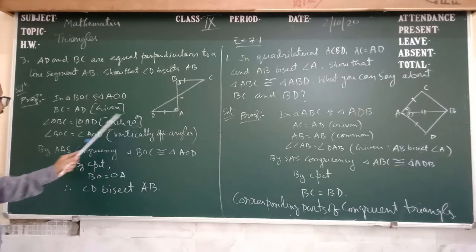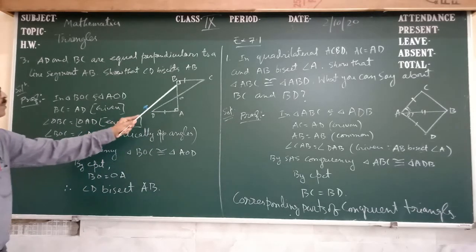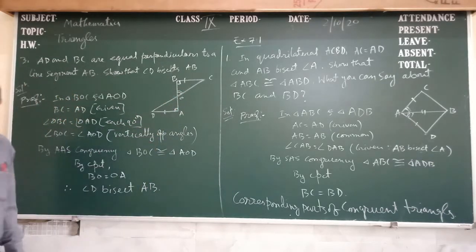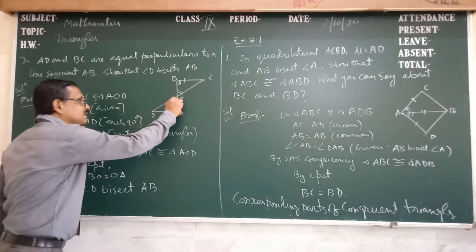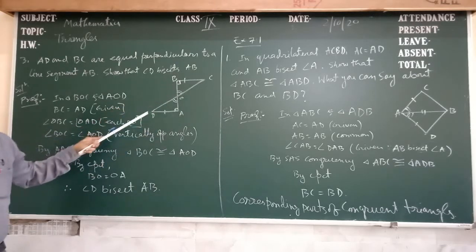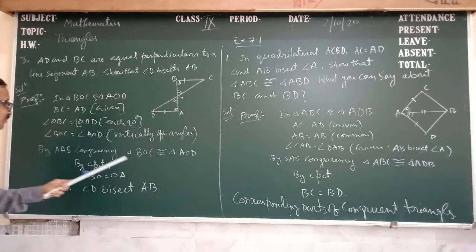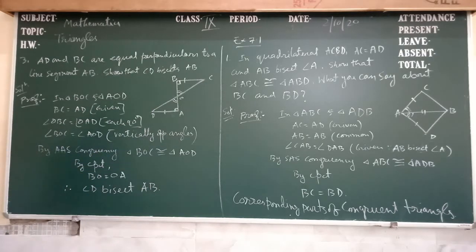And angle BOC is equal to angle AOD. BOC is this angle and AOD is this angle. These two angles are equal. Why? These two lines are intersecting lines and these are vertically opposite angles.